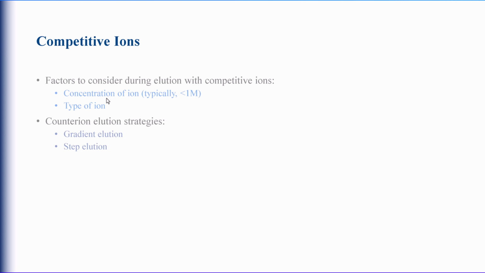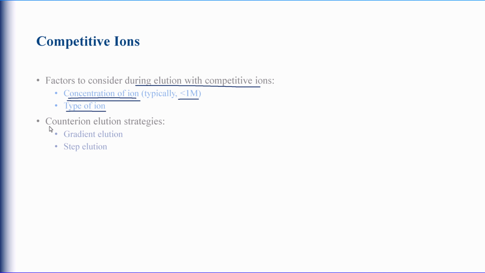Now, what you have to recognize is that there are factors to consider during the elution of competitive ions. Typically, the concentration of these competitive ions is less than 1 molar. The concentration of those ions is an important factor to consider when eluting the proteins of interest. There's also the type of ion that you have to keep in mind.